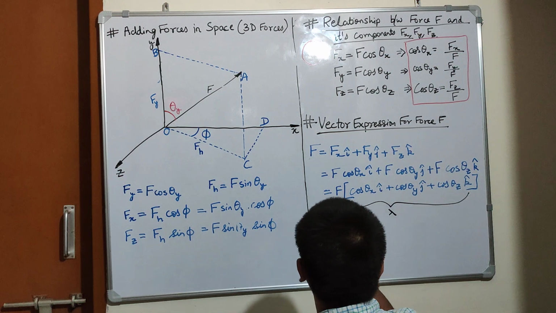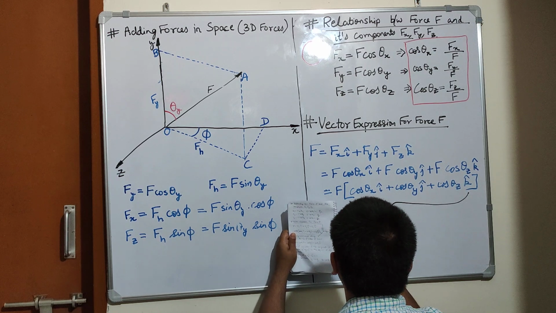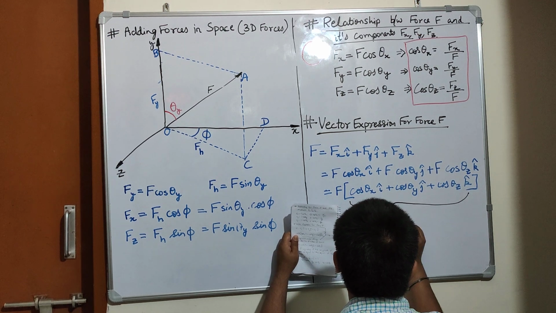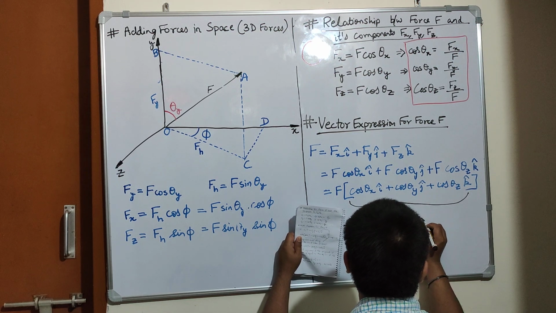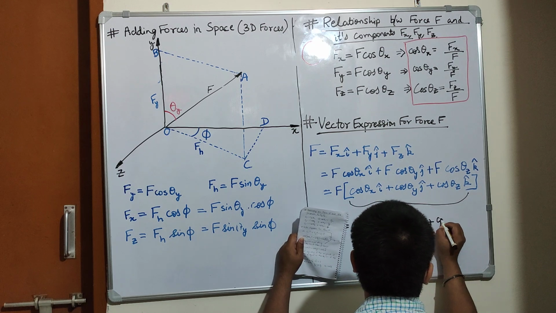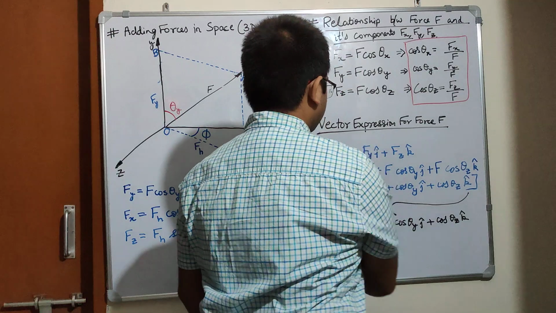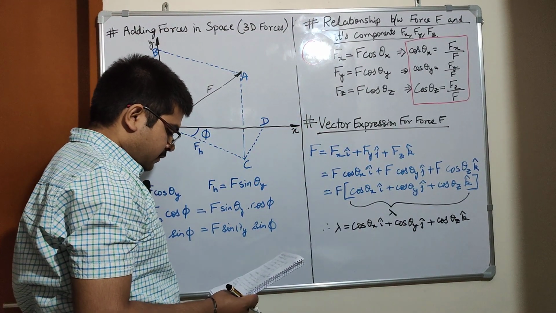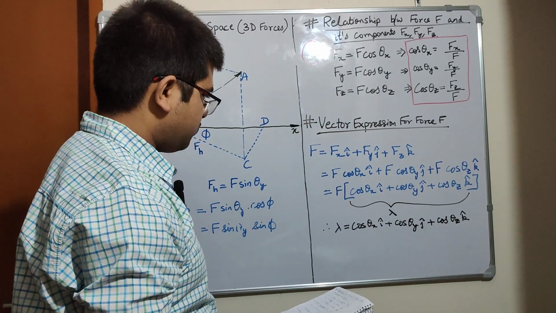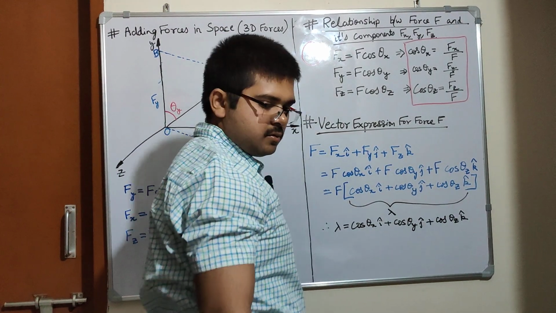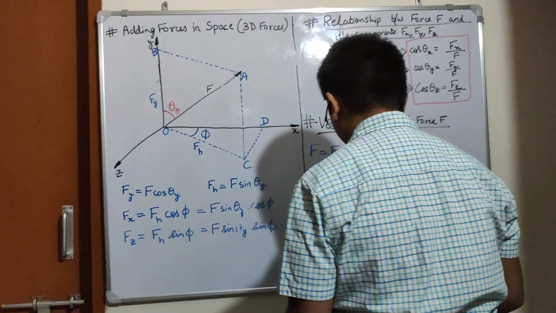So lambda equals this, and this lambda is called the unit vector.